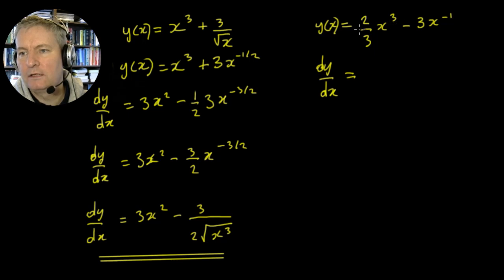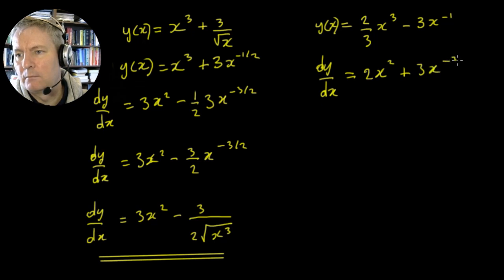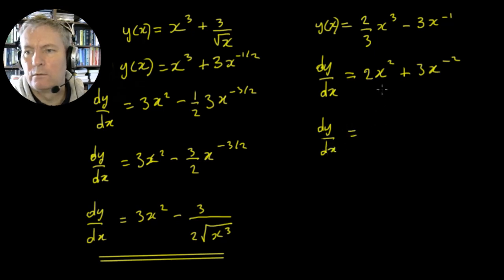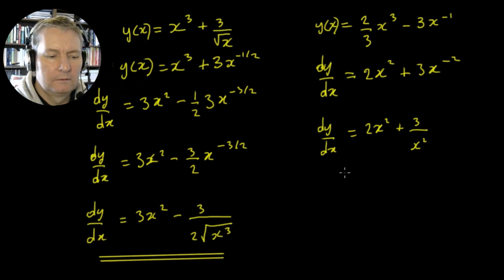It's going to be 3 times 2, which is 6, divided by 3, which is 2x to the power of 2, and this is minus 1 times minus, so it's going to be plus 3x to the minus 2. So our dy by dx is going to equal 2x squared plus 3 upon x squared.